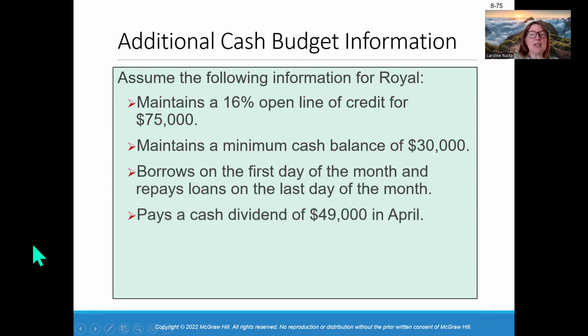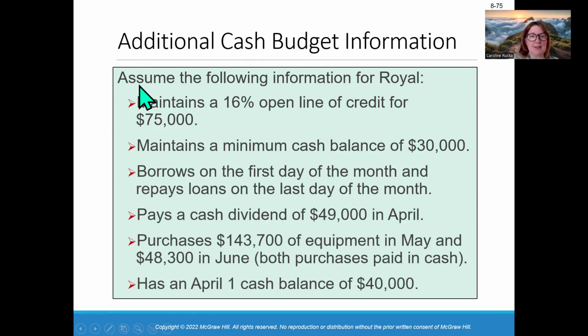So here is our information to make this budget. Royal maintains a 16% open line of credit for 75,000. They maintain a minimum cash balance of 30,000. They borrow on the first day of the month and they repay their loans on the last day of the month.